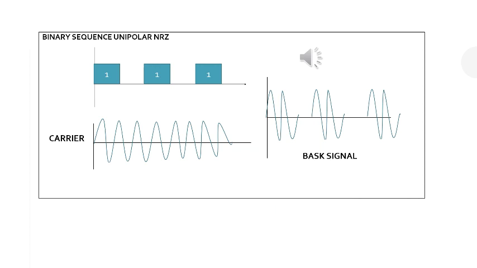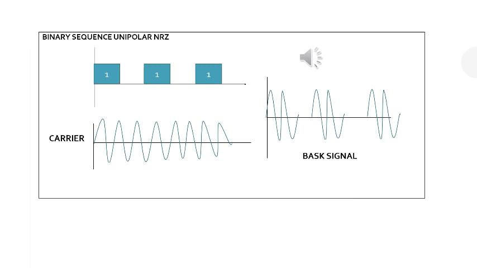What happens here: for the time duration when there is 1, that means when there is an output of the digital signal, the carrier is also passed. The carrier is present, whose voltage is equal to root 2Ps cos 2 pi fc t, where fc is the frequency of the carrier.